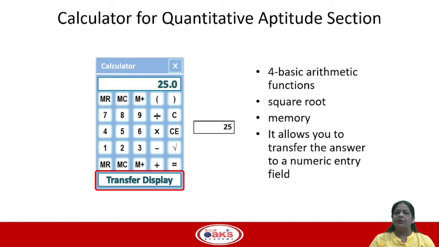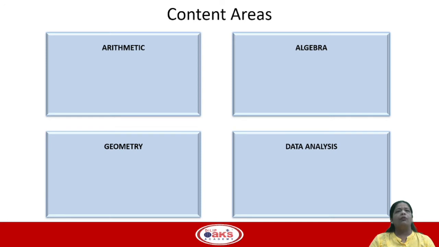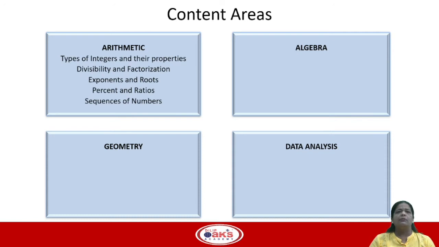Now let us look at the course content for your GRE. The GRE will majorly test you on 4 areas: arithmetic, algebra, geometry and data analysis. In arithmetic, you will be seeing types of integers and their properties, divisibility and factorization, exponents and roots, percents, ratios and sequences.